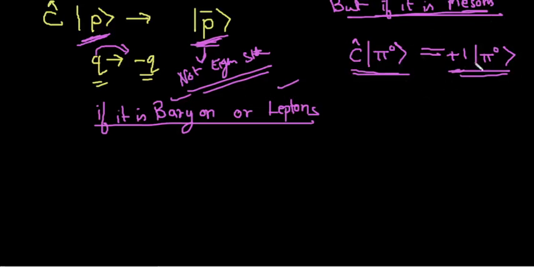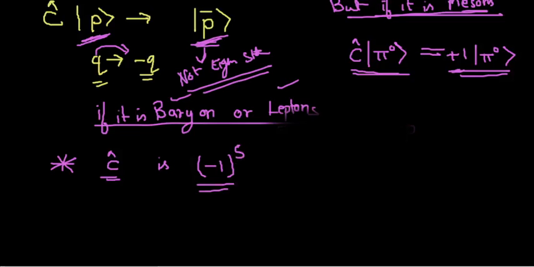So there is one rule for the eigenvalue of C, that is, the eigenvalue of C is minus 1 to the power L plus S. That S is different for pseudoscalar mesons and vectors.